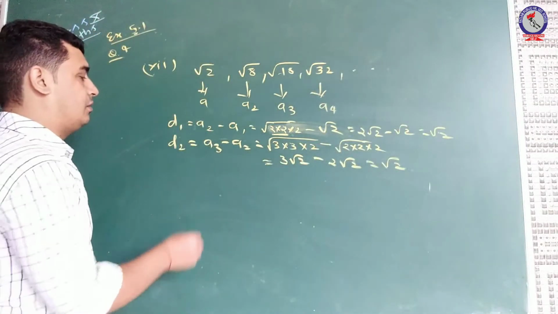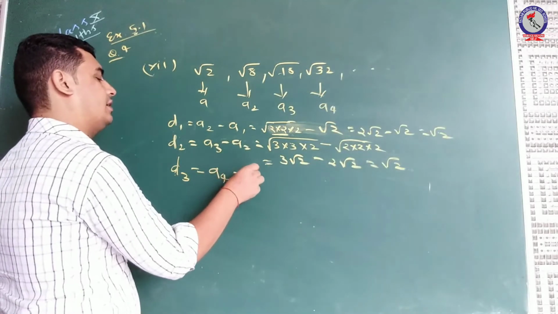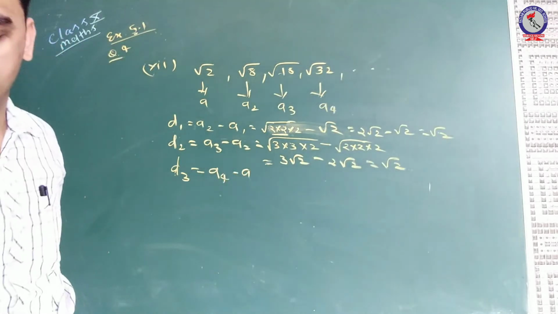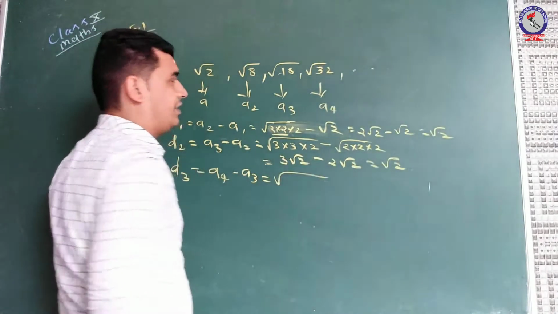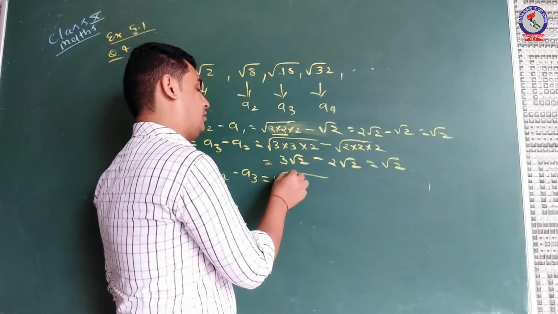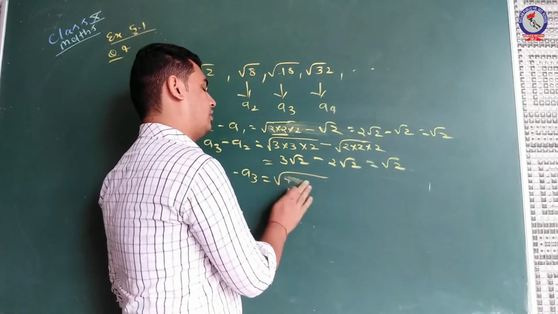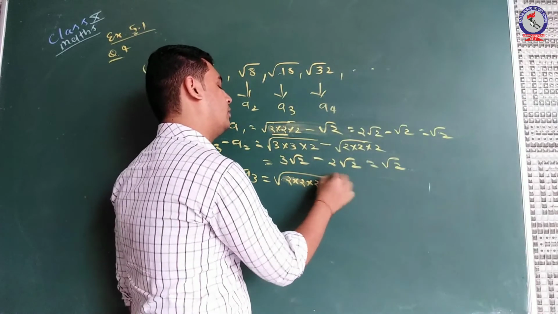Again, we will check one more time. That is D3, A4 minus A3. What is A4? A4 is root 32. 32 means 4 into 4 into 2, or we can say 2 into 2 into 2 into 2 into 2.